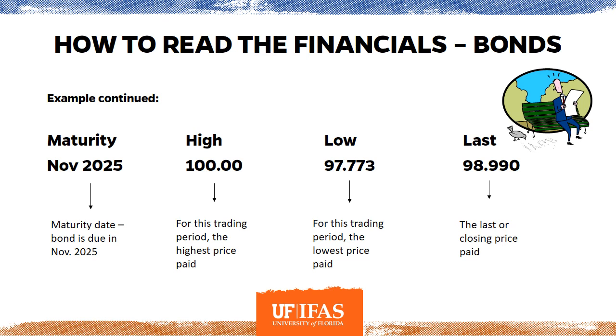Now, if I'm investing in this bond, I want to know when I'm going to get my money back out of it. This bond happens to be maturing November of 2025. So if I were to purchase or buy into this bond, I would expect to get my money back with interest in November 2025. And for the latest trading period, $100 was the highest price anybody paid to buy into this bond.